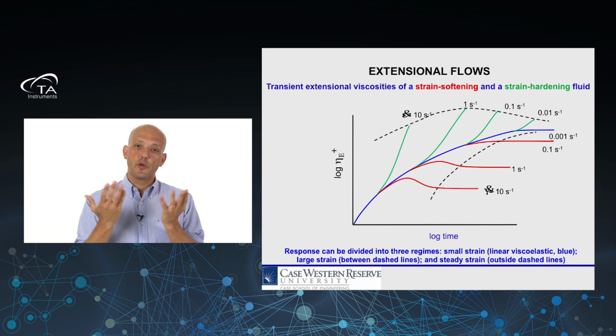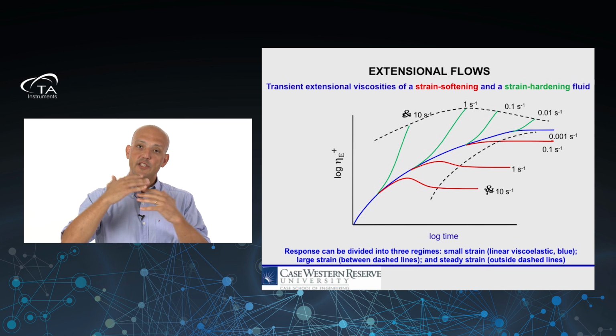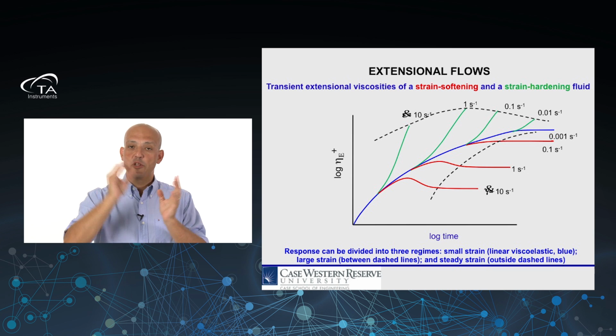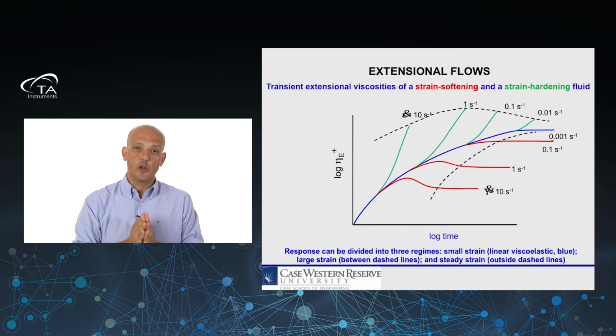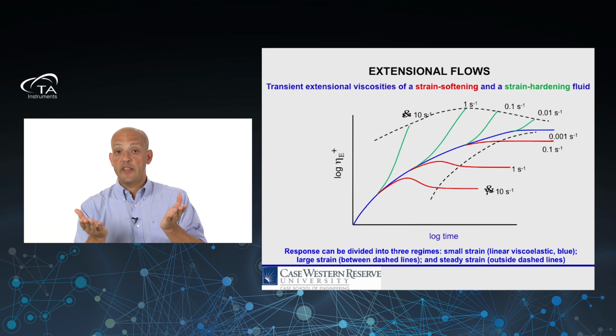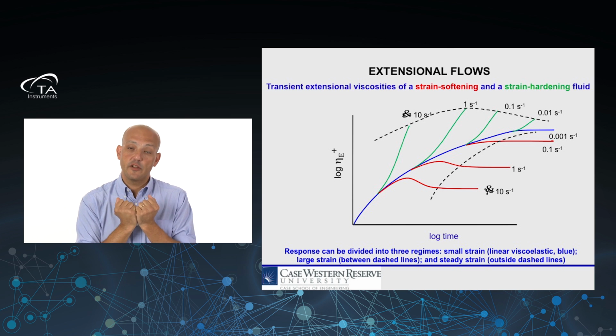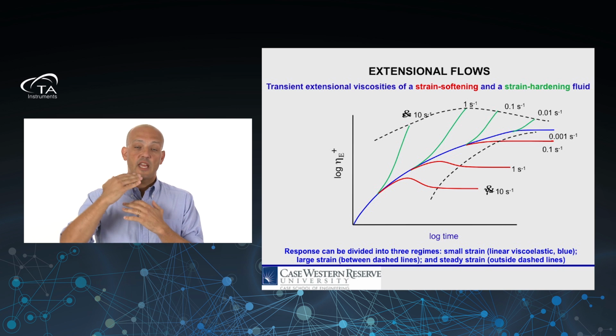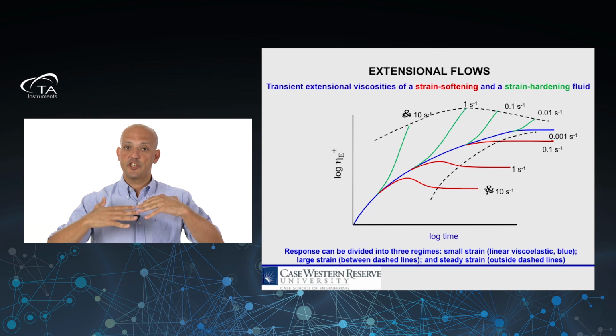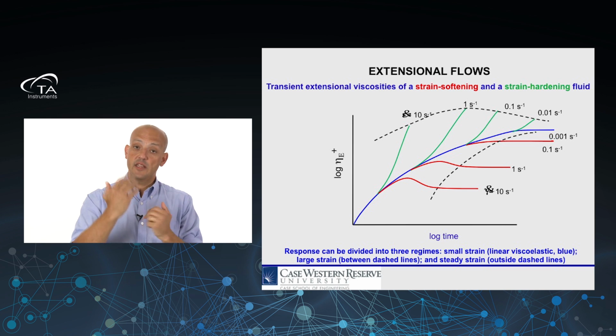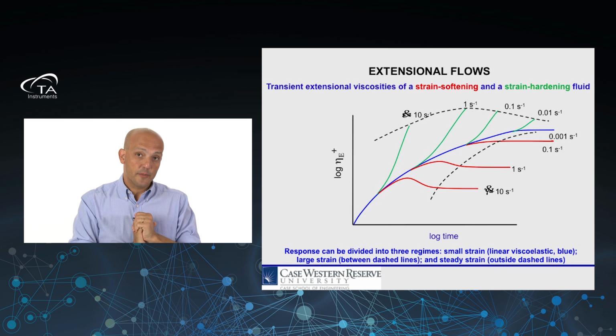Okay? This is what we call the linear viscoelastic regime envelope. Okay? At very slow deformations, all the materials will essentially follow this curve. And the extensional equivalent of that curve in shear flows has exactly the same shape. It's just shifted by that factor of 3 that I told you about earlier.